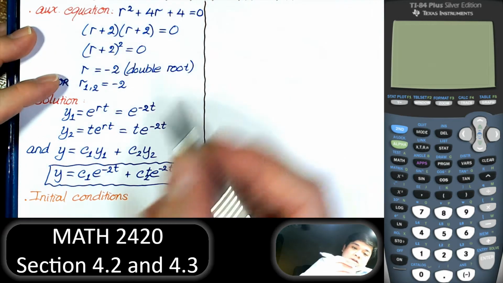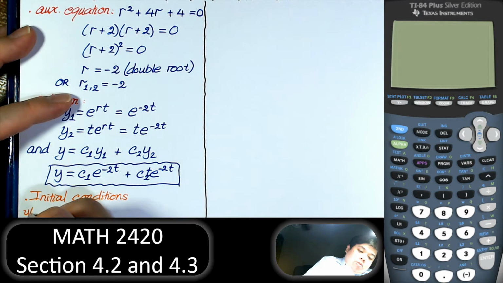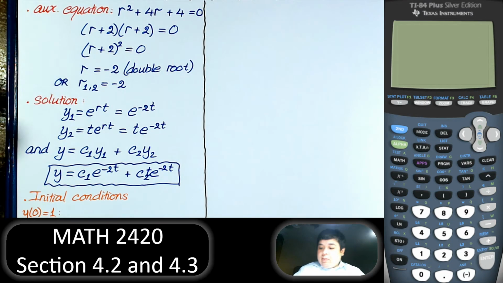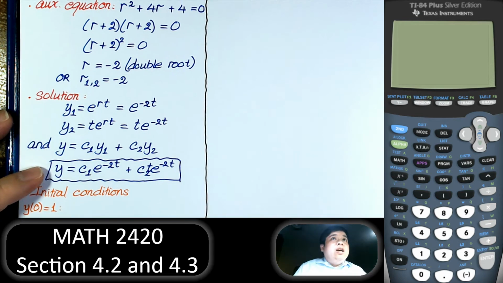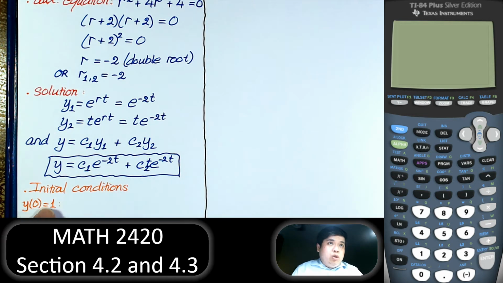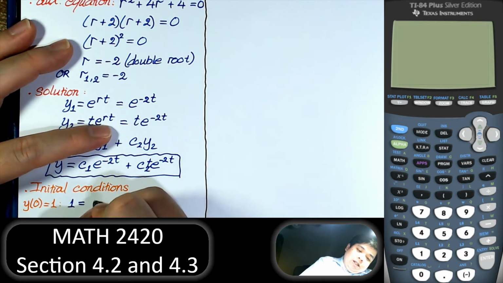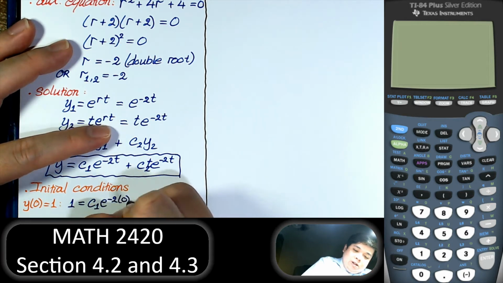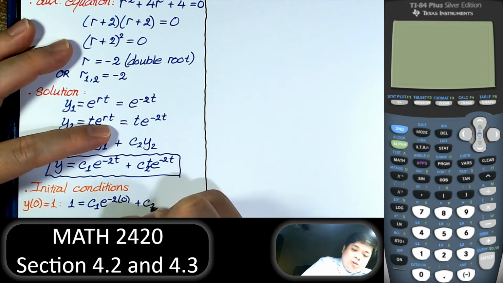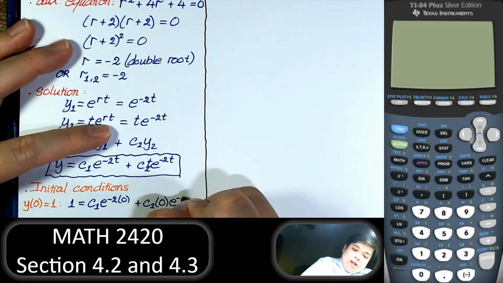The first one, y of 0 equal to 1. It will be much better when we have the initial condition as 0. So this is the solution. I'm just going to put 0 in for t and make that equal to 1. So y will be equal to 1: C1 e to negative 2 times 0 plus C2, t is 0, e to negative 2 times 0.